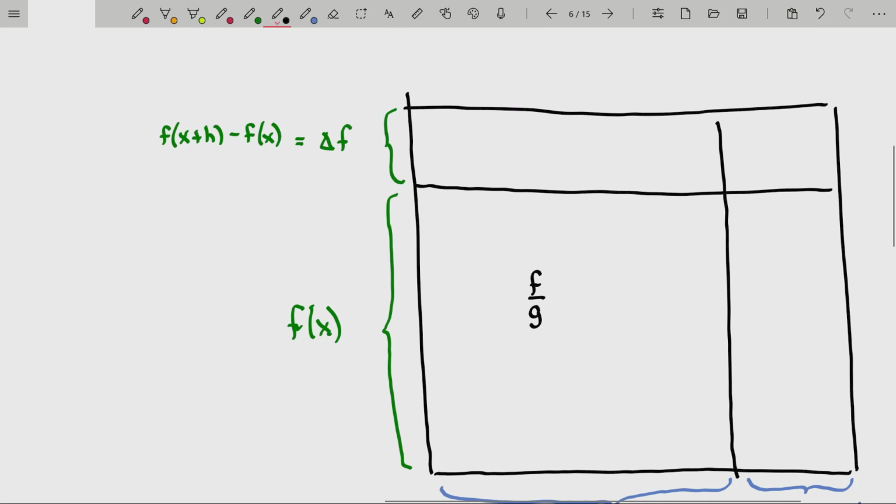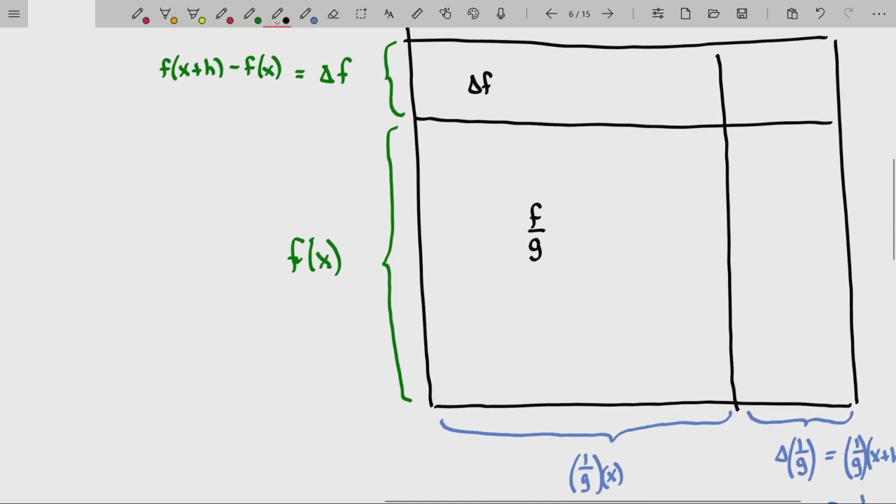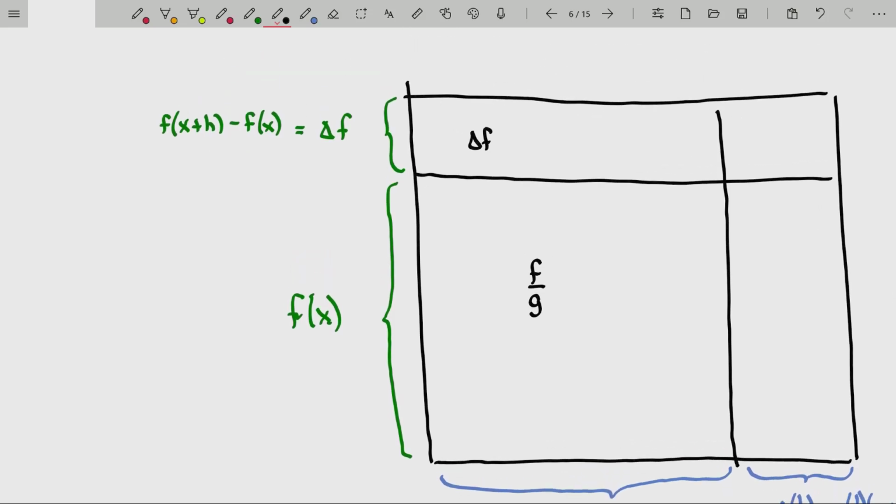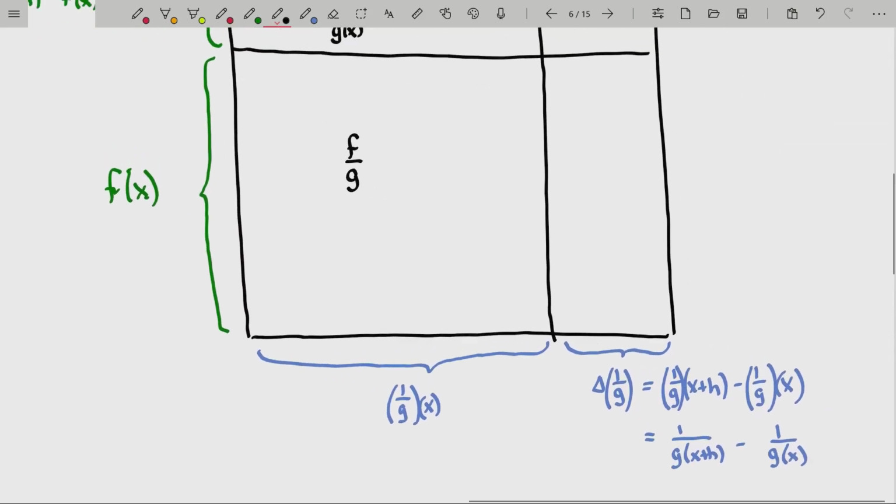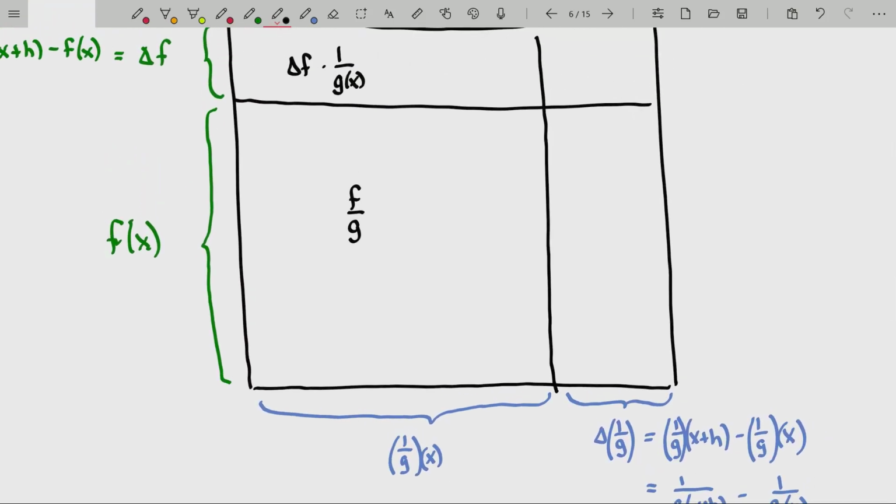And let's see, the area of the upper left square is going to be the height, which is change in f, times the width, which is 1 over g of x. I'm just going to write it that way. Likewise, the lower right triangle has a height of f.